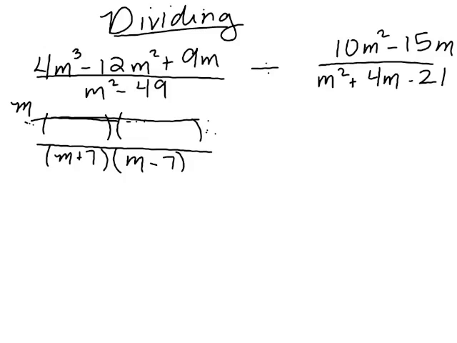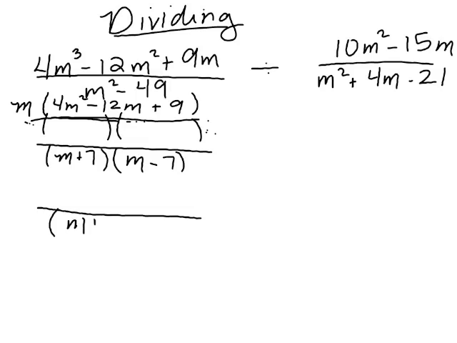So if I pull out an m, this would be rewritten as 4m squared minus 12m plus 9. That looks factorable. So I have m plus 7 and m minus 7 on bottom. I pulled out that m. Then let's factor. So factors of 4, I can use 1 and 4 or 2 and 2.